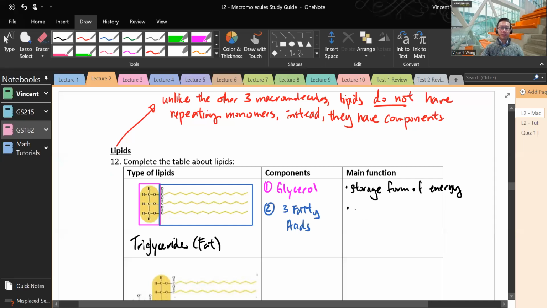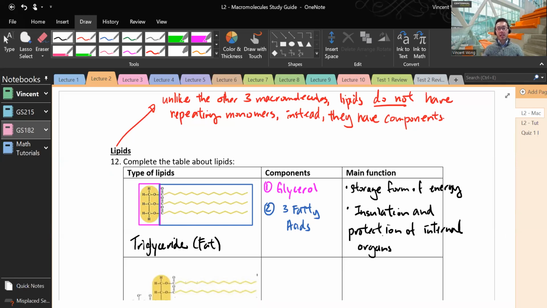Next one, fat is also good for insulation and protection of internal organs. You're going to have a little bit of fat around your heart, around your liver. So when it's minus 40 outside, the organs are going to be nice and warm.